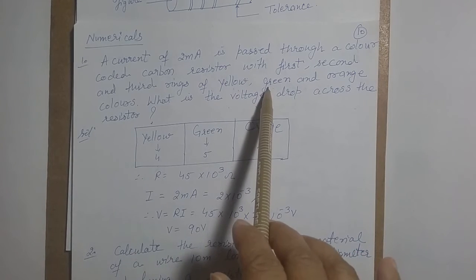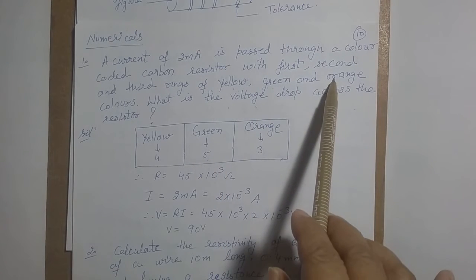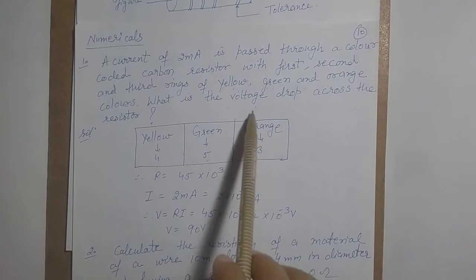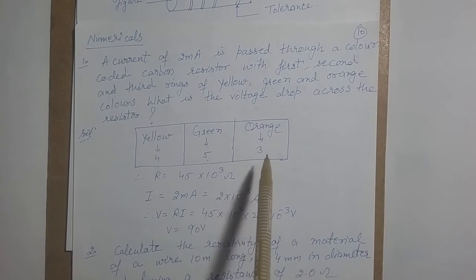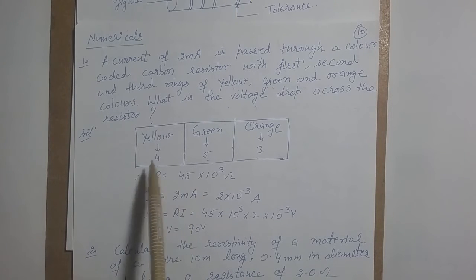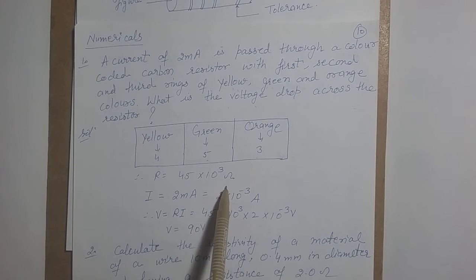Second is green, the number is 5. And the third is orange, the number is 3. This third one represents the decimal multiplier. So the value of the resistance is 45 into 10 raised to power 3 ohm.